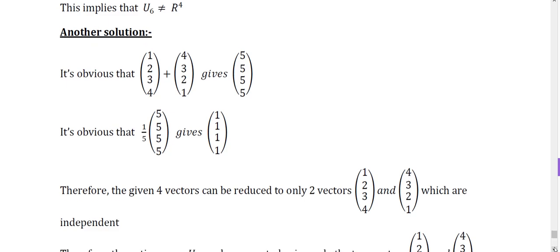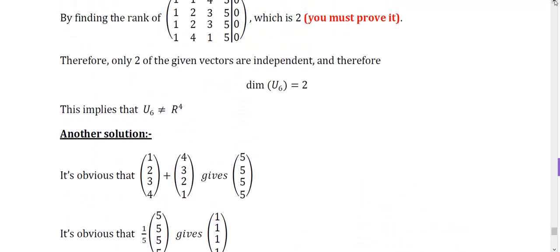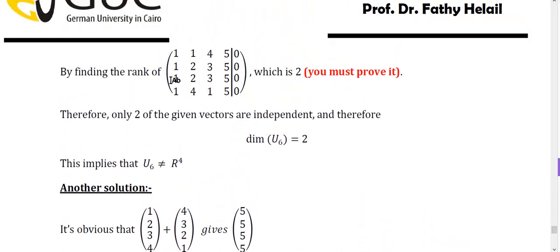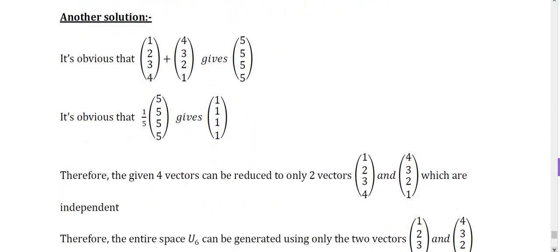Also, it's obvious that the first vector, which is 1, 2, 3, 4, and vector number 3, their sum gives vector number 5. So it seems that they are not linearly independent, right?